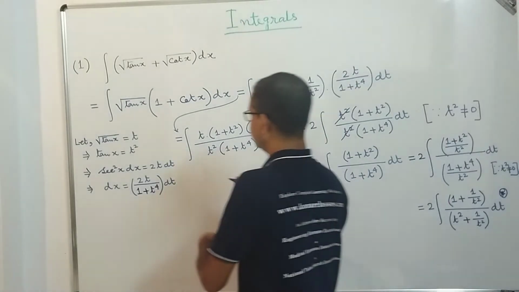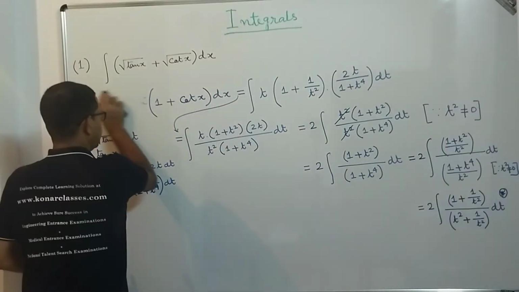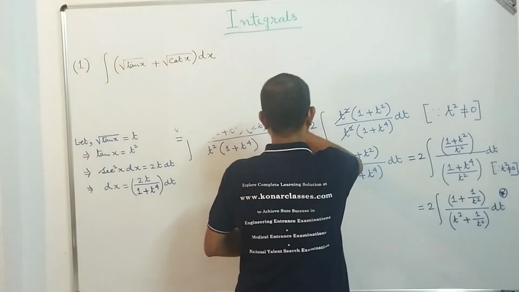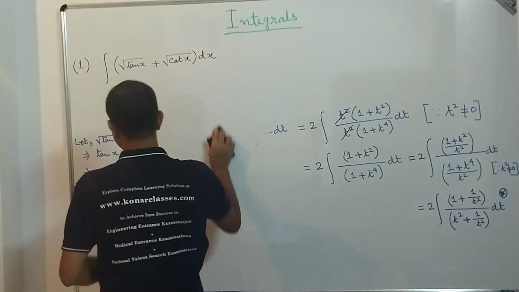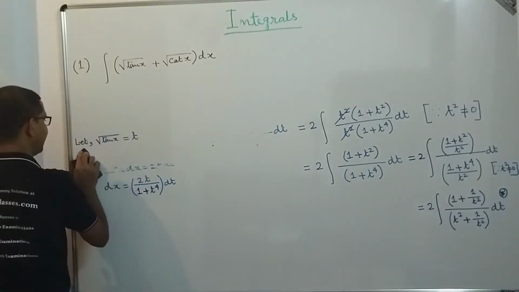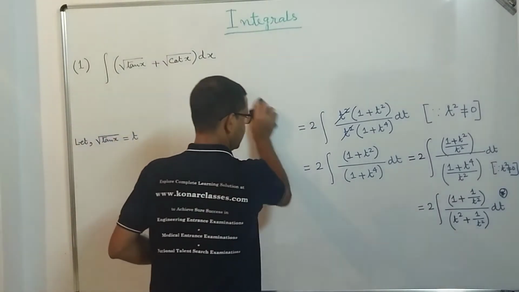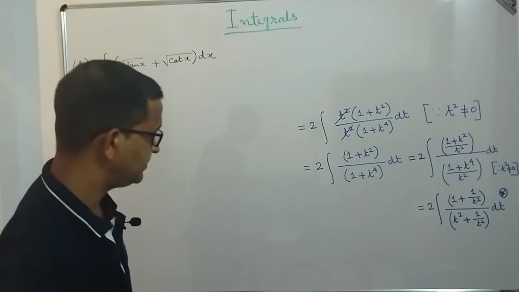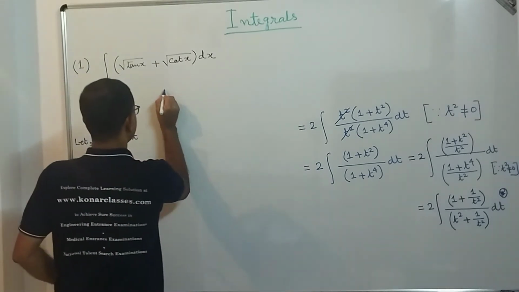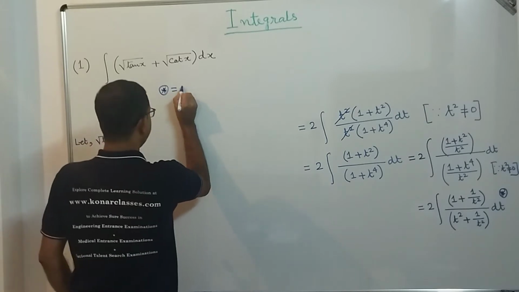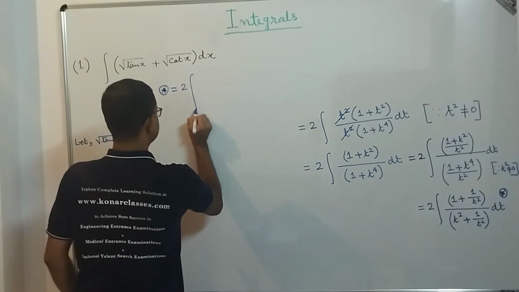Let me clean this portion, and remember that our assumption is that tan x is equal to t square. So what we get is 2 into integration.